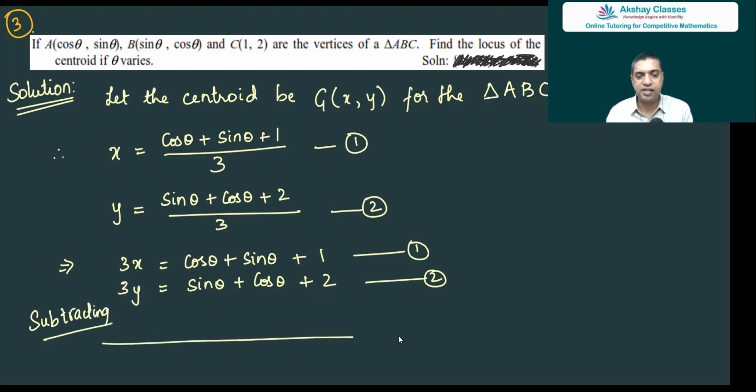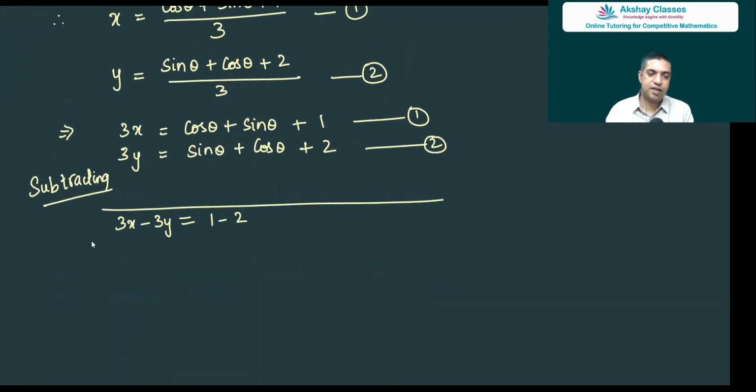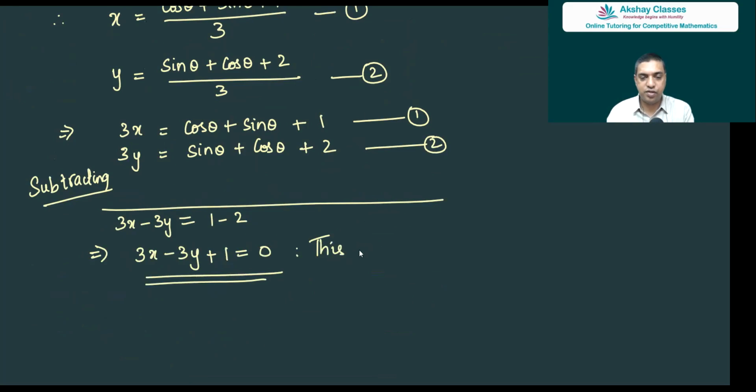So subtracting, 1 minus 2. 3x minus 3y: cos theta cancels, sin theta minus sin theta is 0, so that also cancels. 1 minus 2 is minus 1. So you get 3x minus 3y plus 1 is equal to 0. This is the equation of the locus.